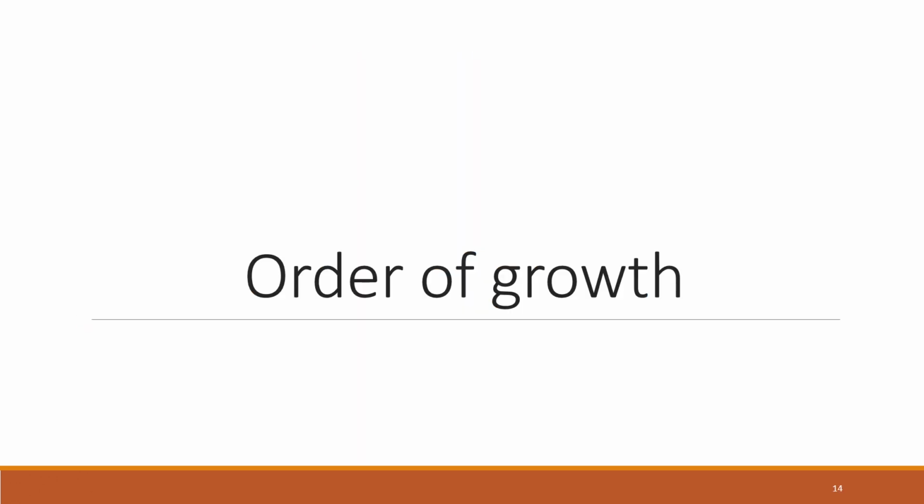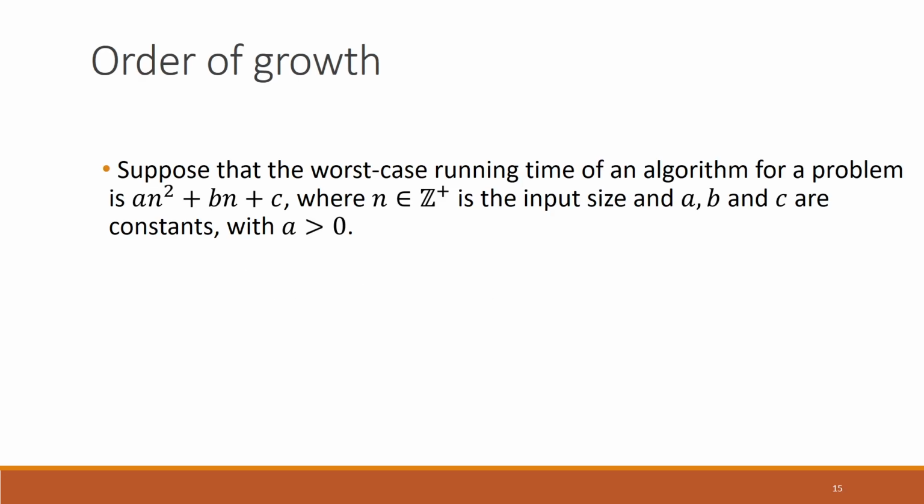Now let us focus on order of growth. As I mentioned, we are interested in determining the running time as the size of the problem increases. Suppose that the worst case running time of an algorithm for a problem is an^2 + bn + c, where n is a positive integer representing the input size, and a, b and c are constants where a is positive.